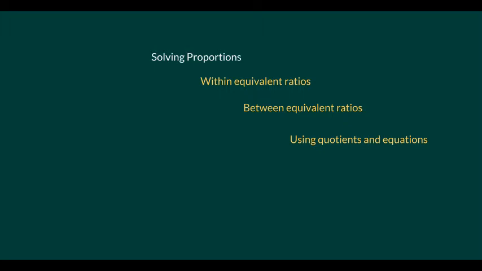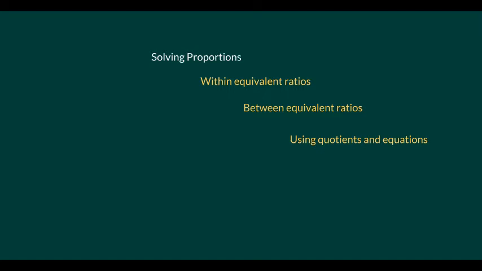And this is where you determine the scale factor to examine the proportions and their relationship. With that, you also have two equivalent ratios that are set equal to each other in a proportion. And using quotients and equations. So in a fraction or ratio, you can find the quotient by dividing A by B, with the top by the bottom.